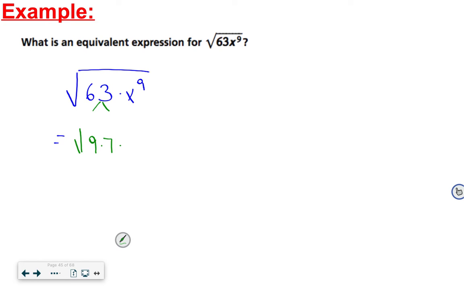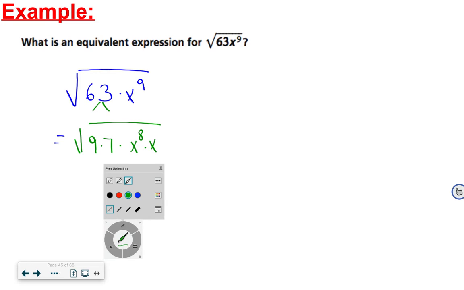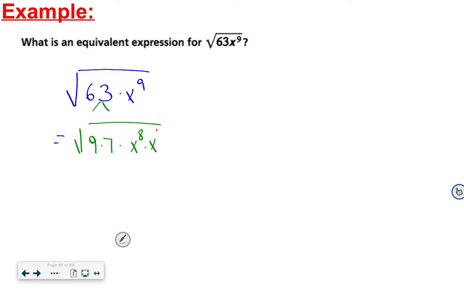Times, what about x to the power 9? Can I write the x to the power 9 as x to the power 8 times x? Because remember that if you multiply two factors with the same base, you need to add powers. 9 can be taken out of the root as a 3. 7 you cannot.